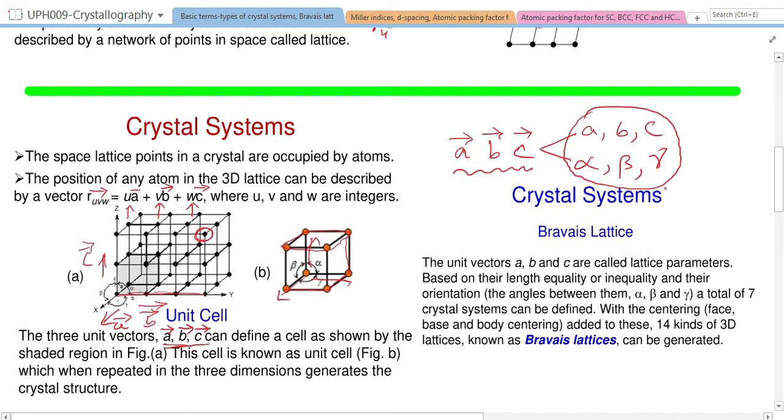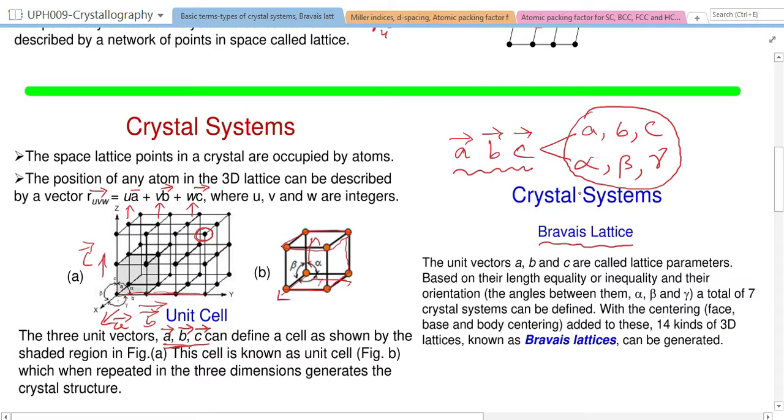These 6 different scalar values would give you uniquely identifiable different unit cells, right? So these unit cells are called Bravais lattice, for which A, B, C, alpha, beta, gamma are different, right?